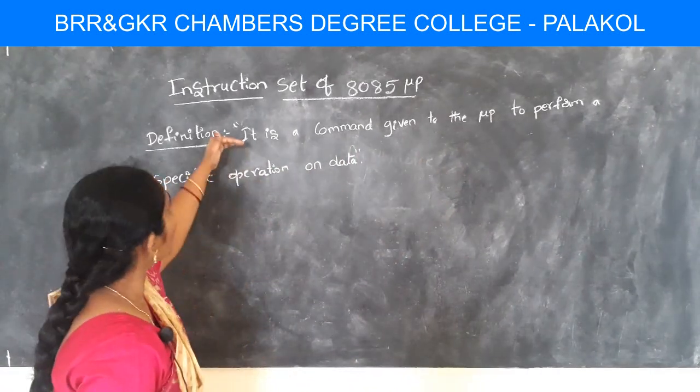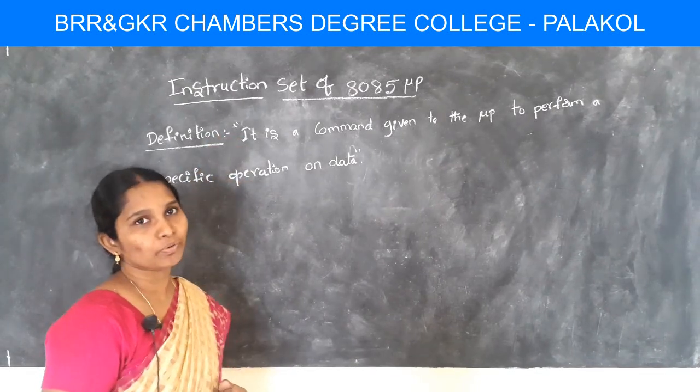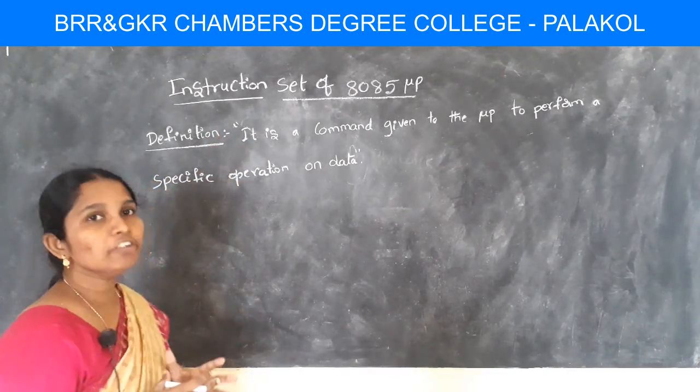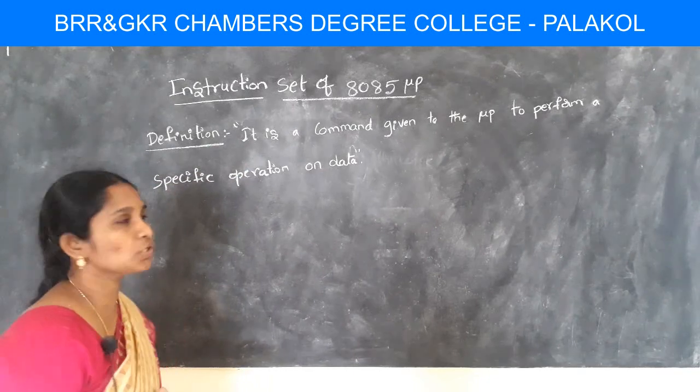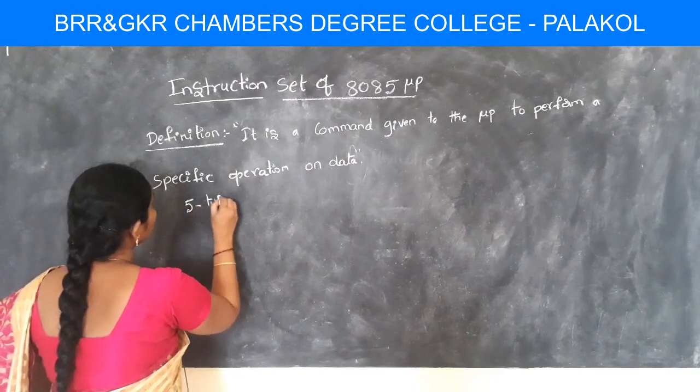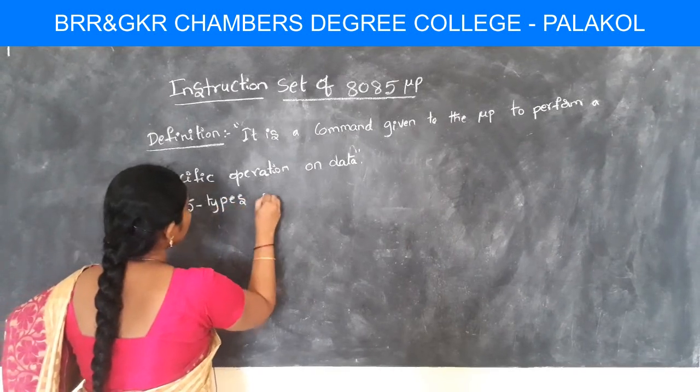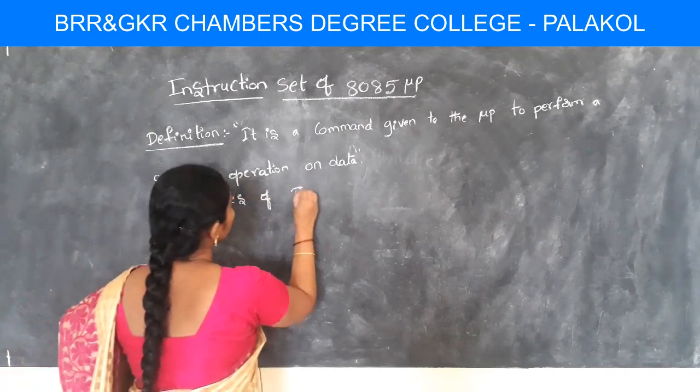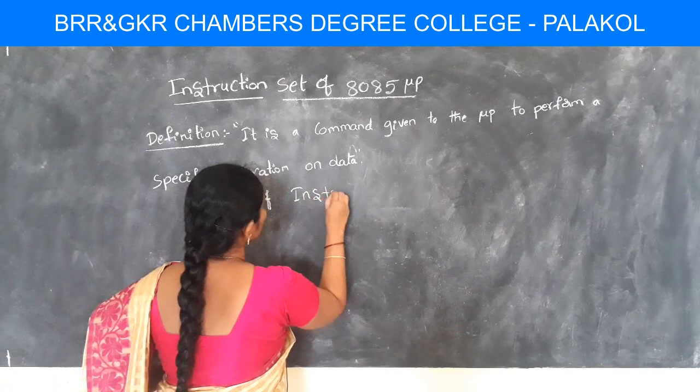Okay. So, the 8085 microprocessor has 5 different types of instructions.